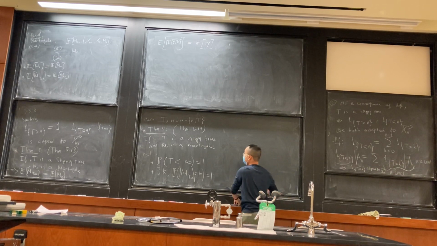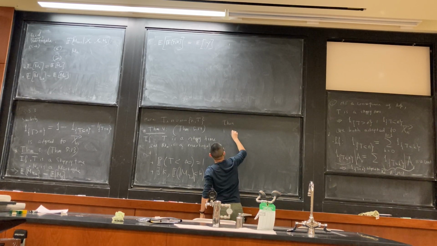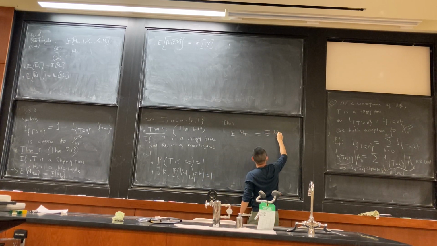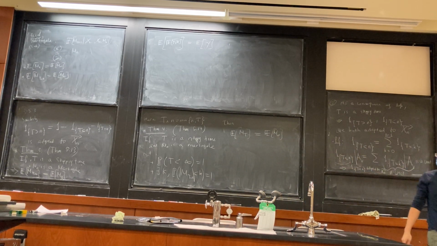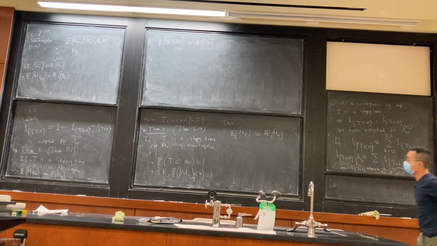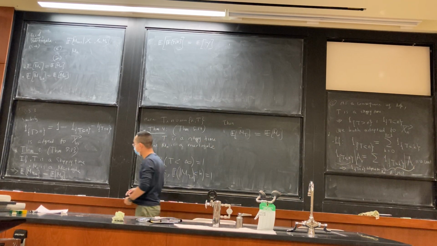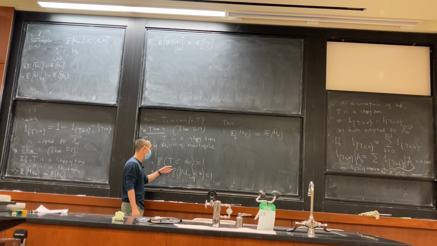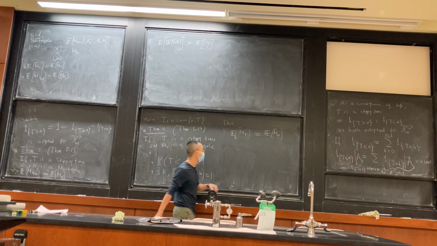Then the conclusion is that the expected value of M_T is equal to the expected value of M_0. So this is even a more powerful theorem. As you can see from the previous theorem, if I have no condition at all, then the best thing I can do is to just truncate T with a fixed constant index. But now if I assume further, then we can get rid of the index.